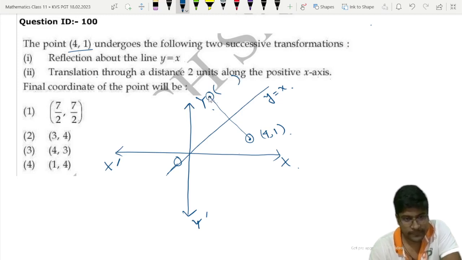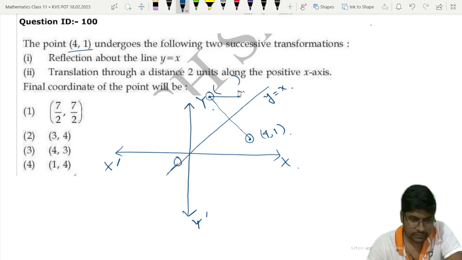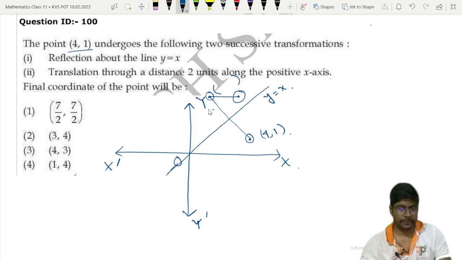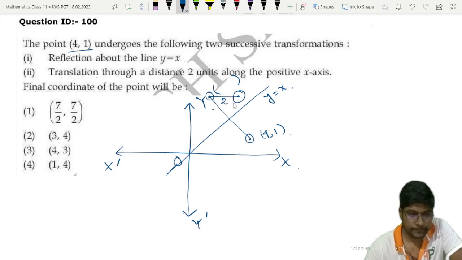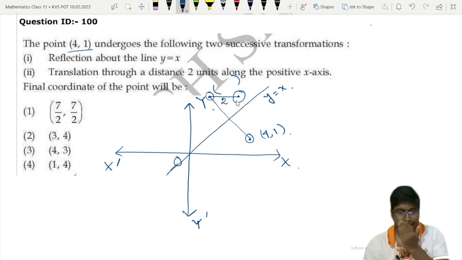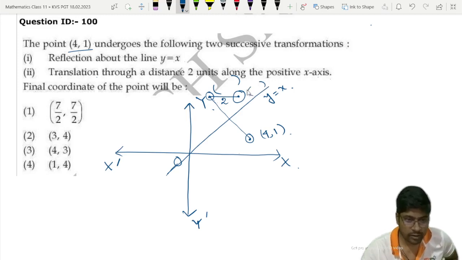So along the positive x-axis, it will go a distance of 2 units. That means this is the final position of this point. Here this distance is 2 units. So that is the problem. Finally we have to find the coordinate of this point.